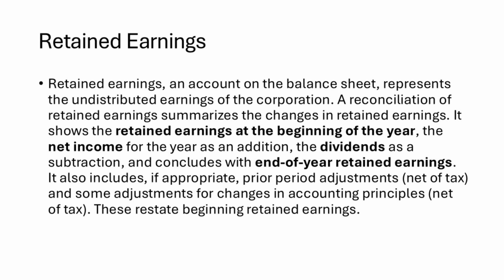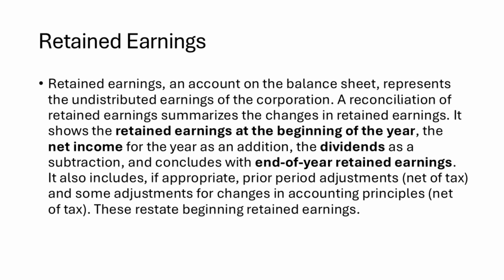It shows the retained earnings at the beginning of the year, the net income for the year as an addition, the dividends as a subtraction, and concludes with the end of year retained earnings. Basically, you can give the formula here. So the retained earnings, the net income, and dividends. Finally, the end of year retained earnings. You can just list that.